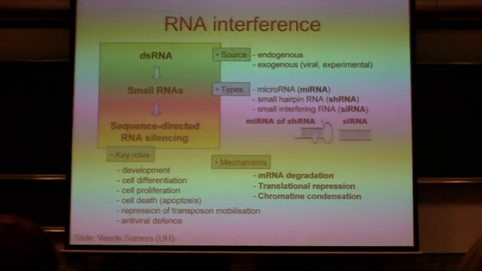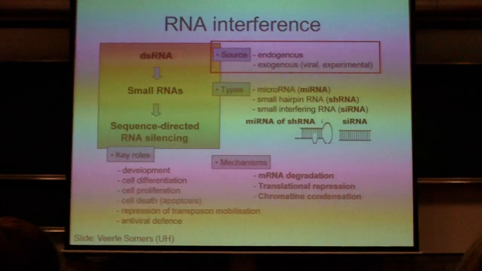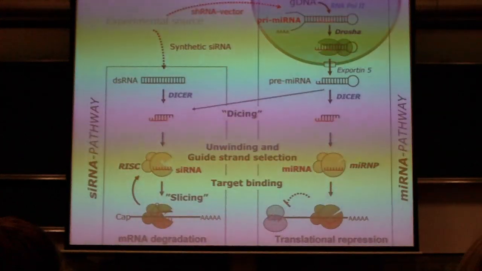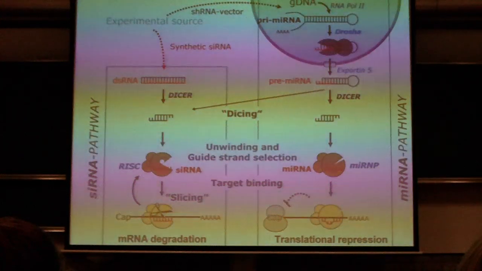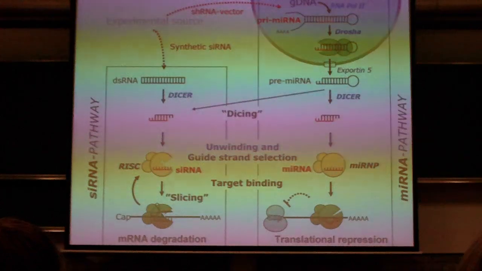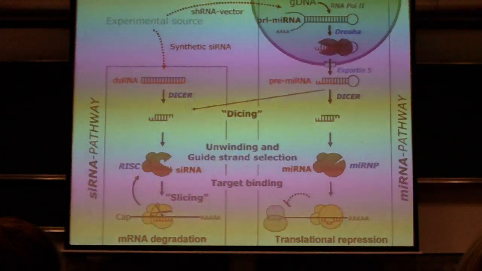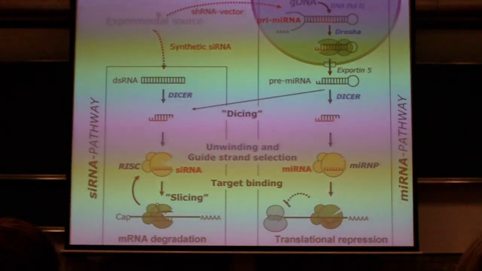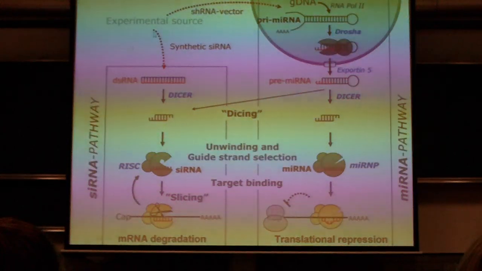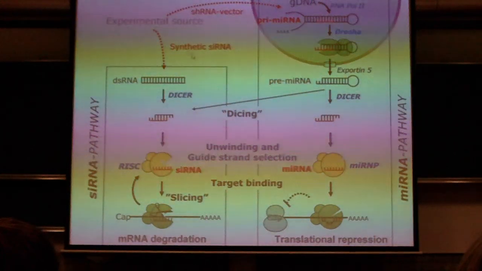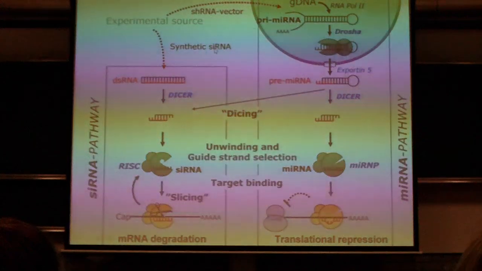So back to the slide on the overview, I will now go into the source. And here you can see that while the microRNAs are endogenous, this is the cell nucleus, double-stranded RNAs are often synthetic. So you can introduce synthetic siRNA.